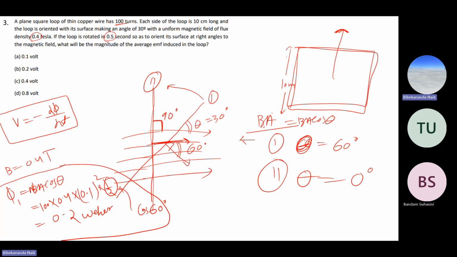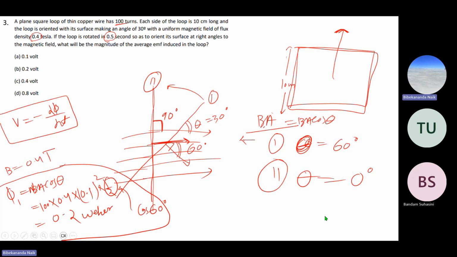When it is given that the surface makes an angle of 30 degree, the area vector, which is perpendicular to the surface, makes an angle of 60 degree, that is 90 minus 30. When the final position is perpendicular to the magnetic field, the area vector will be along the magnetic field, because the area vector is perpendicular to the plane of the coil. So this is the trick.